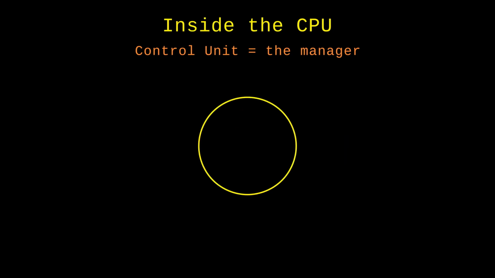Remember the fetch-decode-execute cycle? The control unit runs that loop. It goes to memory, grabs the next instruction, brings it back. That's fetch. It looks at the instruction and figures out what it means. Is this an addition? A comparison? A move? That's decode.